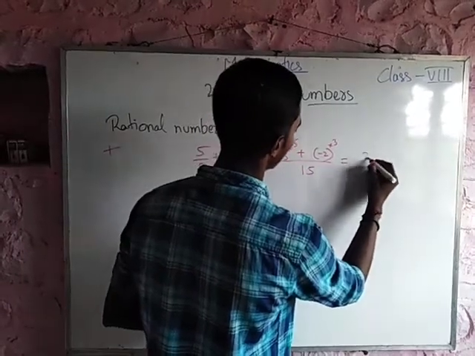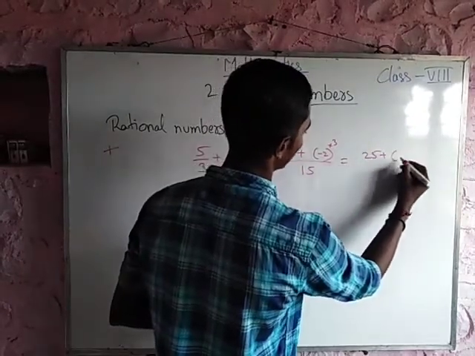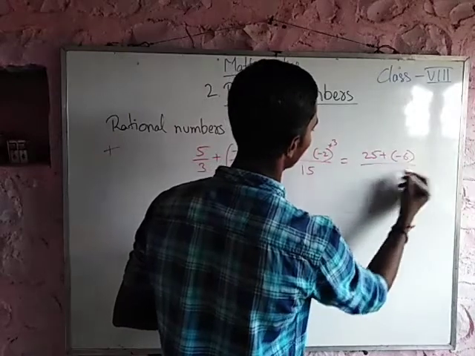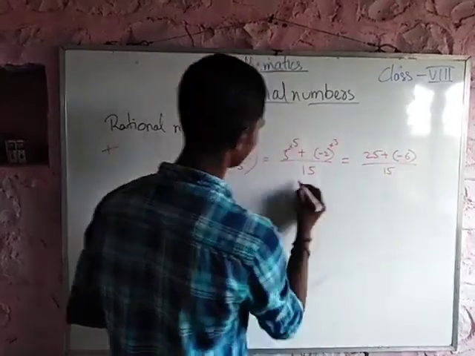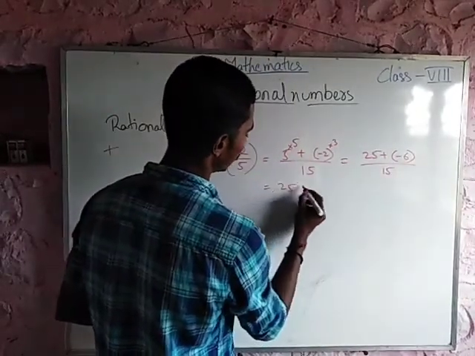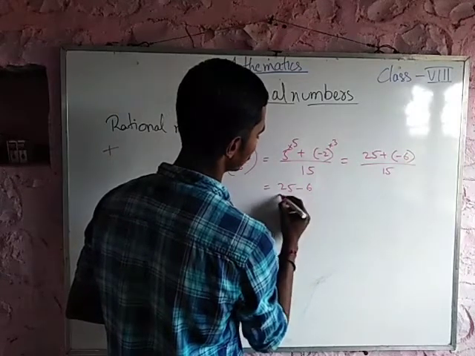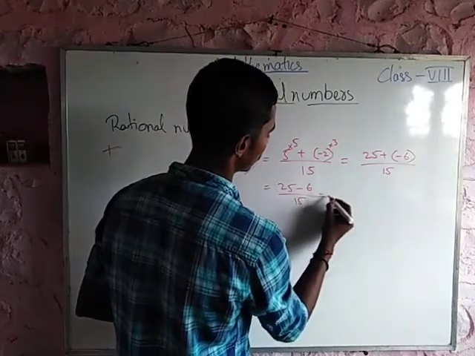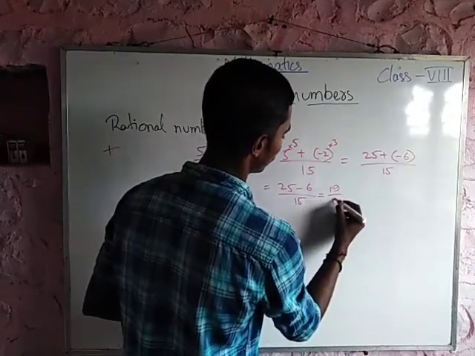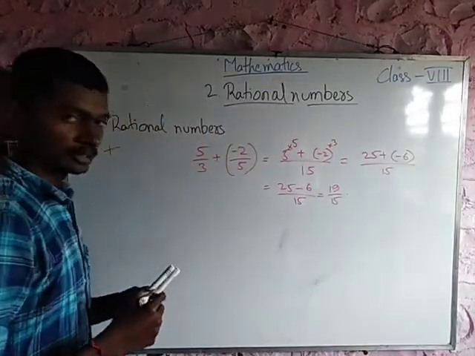This gives me 25 plus of minus 6 divided by 15, which is equal to 25 minus 6 by 15, which is equal to 19 by 15.